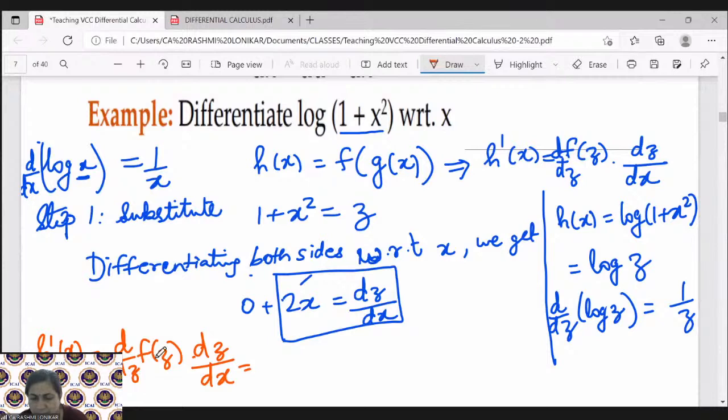D by dz of f of z, I got this as 1 upon z. What is dz by dx? 2x. So it is 2x.